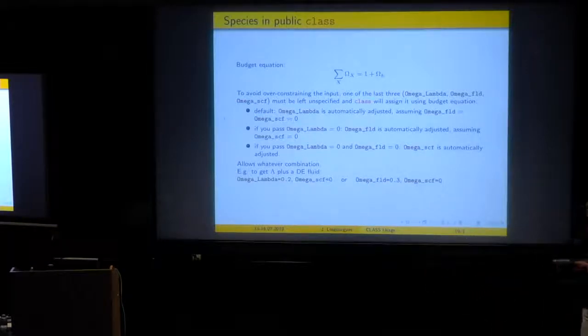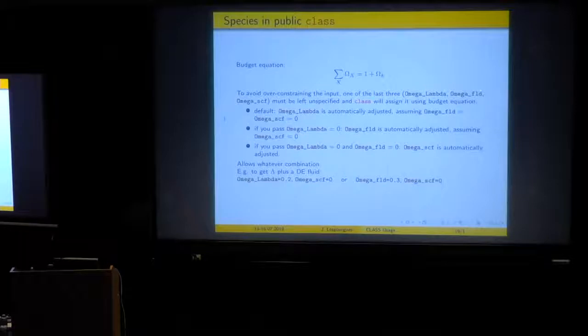And when you run in a terminal, it will even tell you what omega lambda had to be used in order to match this equation. Now, by the way, if you would pass a value of omega lambda and set these two to 0, the code would complain that the input is over-constrained. So you would know that you are not following the logic.